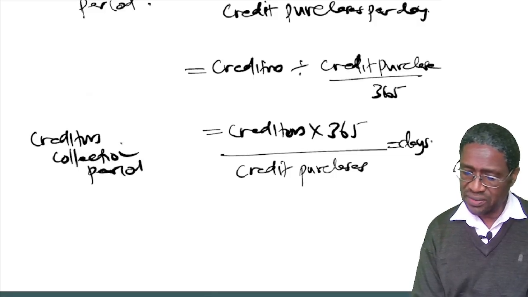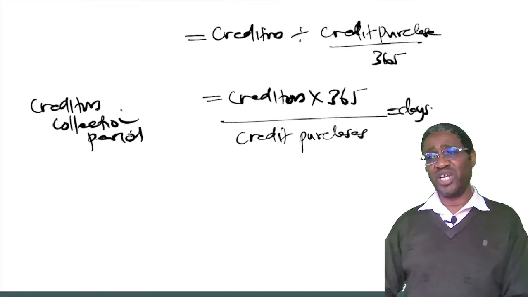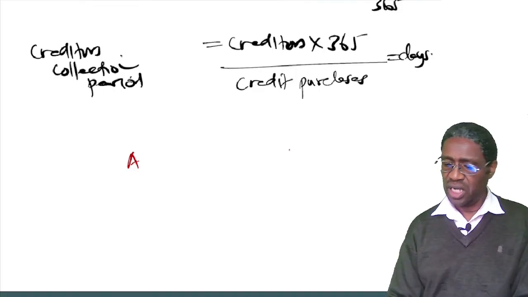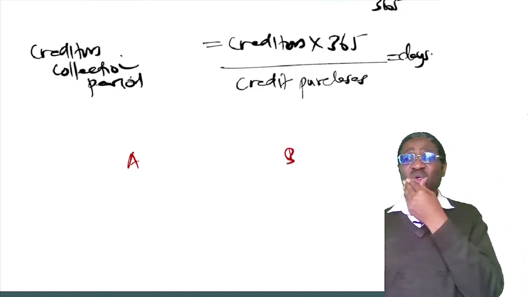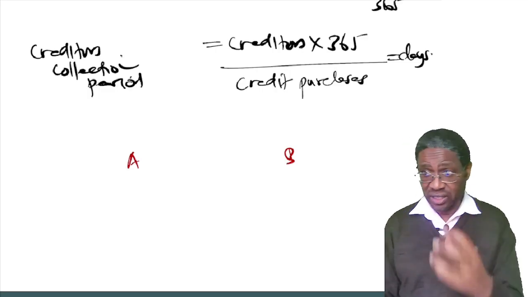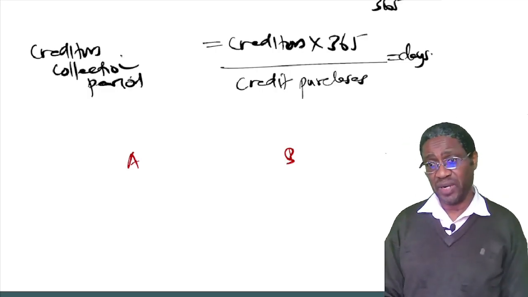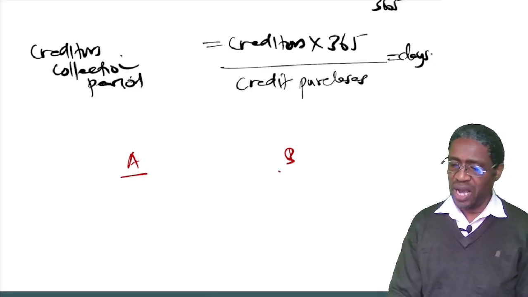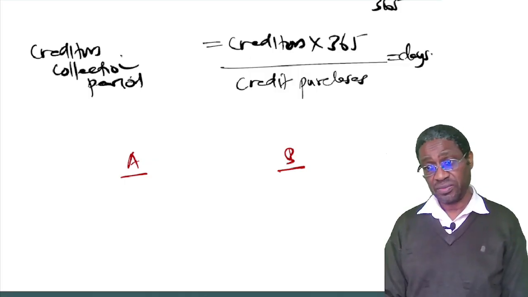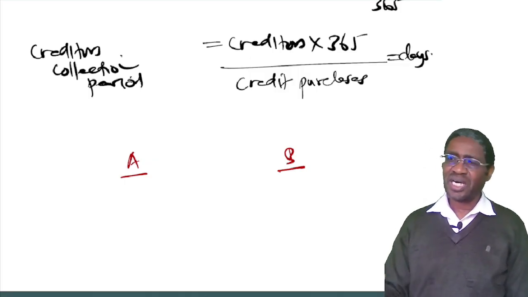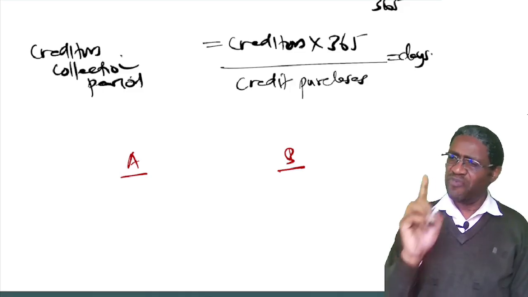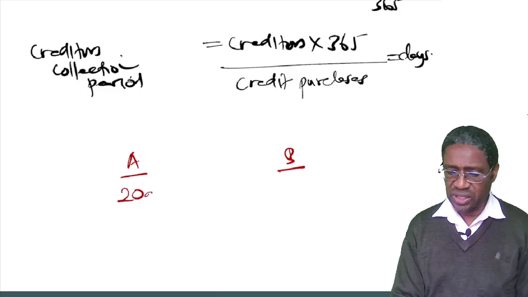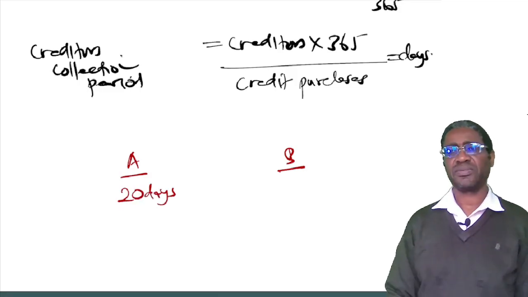Now listen again. Let me give you an illustration. We have two companies, A and B. You are a creditor. You as a company can buy your goods on credit from company A, or you can buy your goods on credit from company B. Company A tells you, if you buy goods on credit from us, we allow you 20 days to pay us.